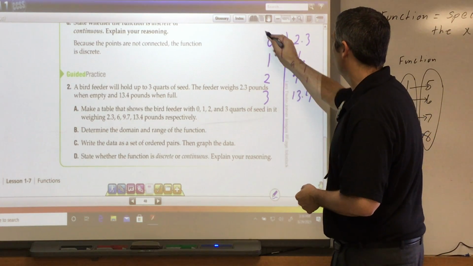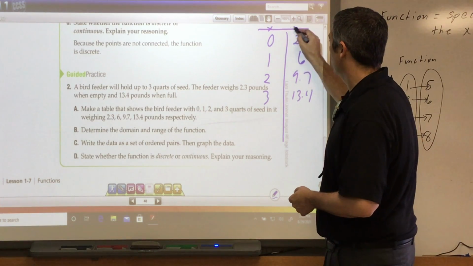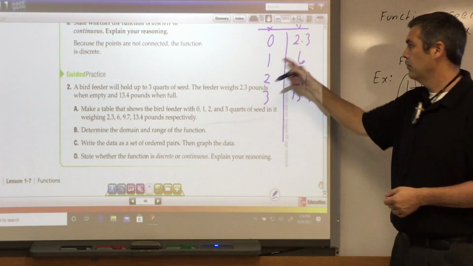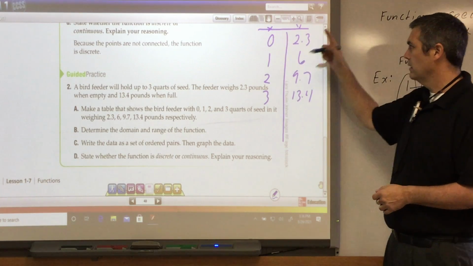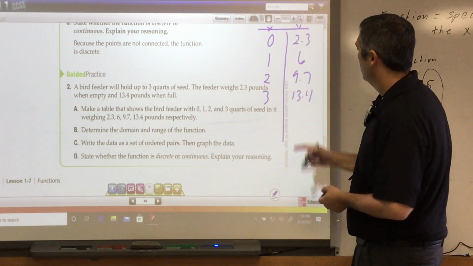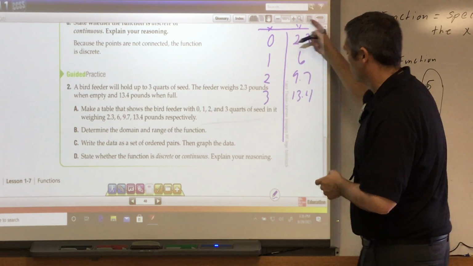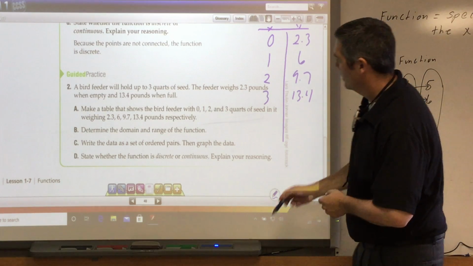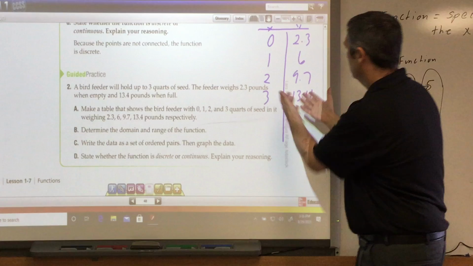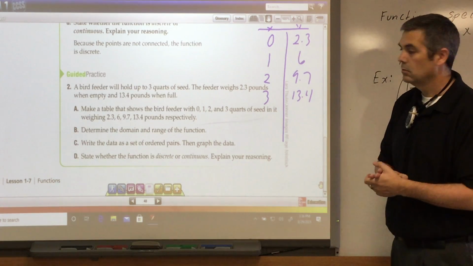And so they've given you this T-chart where this is your x, this is your y: your domain, range, input, output, independent, dependent. So here's your domain, here's your range. Determine the domain and range of the function. Well, there you go. They gave it to you.